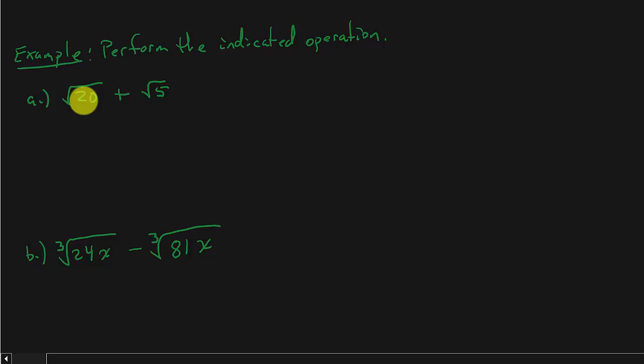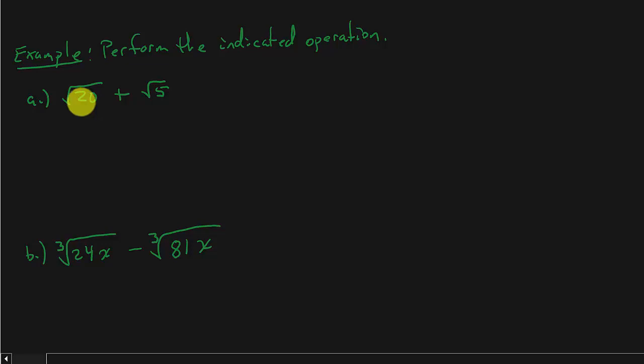All right, so let's look at this. I've got square root of 20 plus square root of 5. Whenever you're adding and subtracting radicals, the index of the radicals have to be the same, and what's underneath the radical has to be the same.